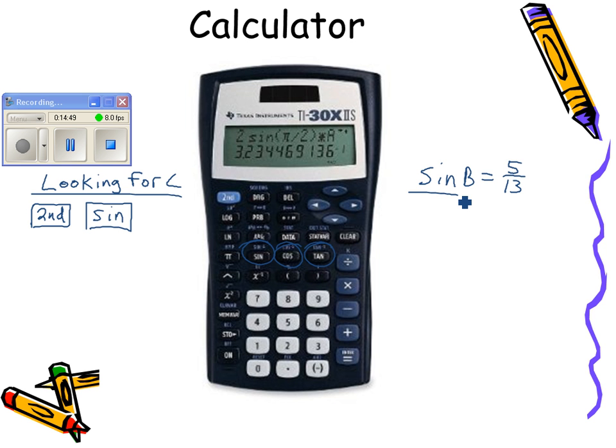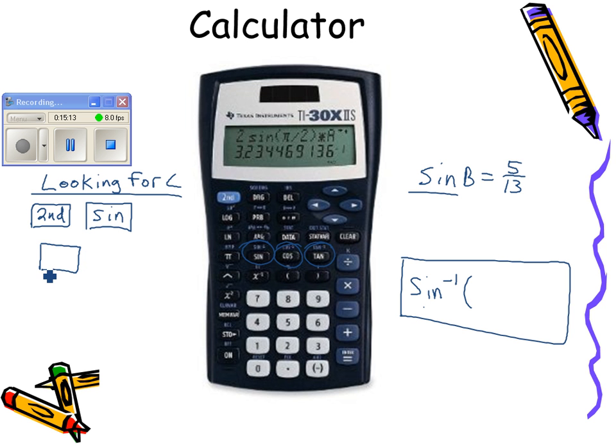And you'll notice on your screen it looks something like this. It says sine -1, and it's got a parenthesis. That means you're not finding the sine, you're actually finding the angle that goes with the sine that you know. So we hit second sine, then you hit the 5 button, then hit divided by, then hit 13, or hit the 1 button, then the 3 button.